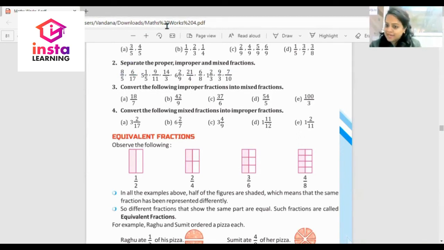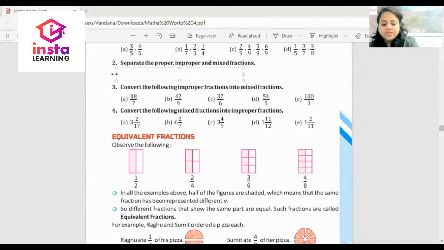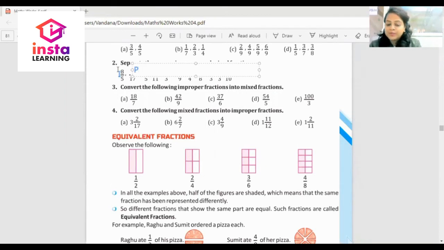Okay, so just write here improper fraction. You have to write I for improper fraction because here the numerator is greater than the denominator. So write I here, I means improper. And 6 upon 17 is your proper fraction because your numerator is smaller than the denominator. That is the definition of proper fraction.